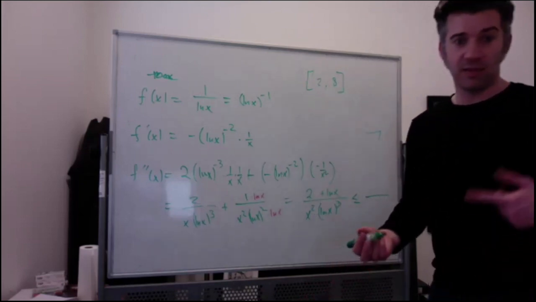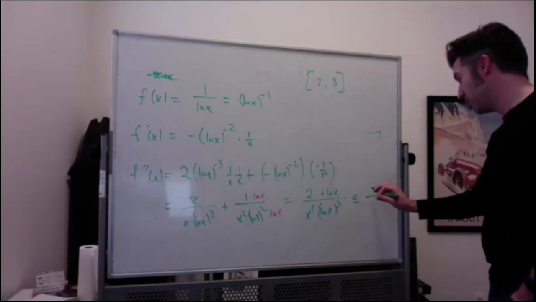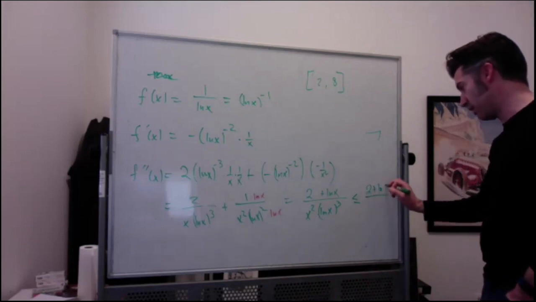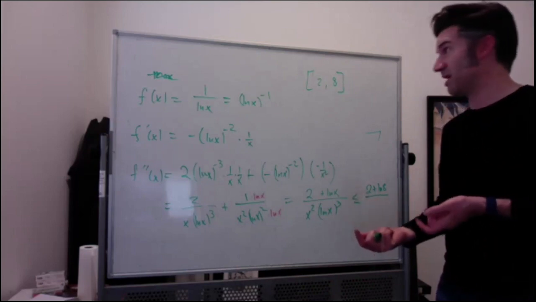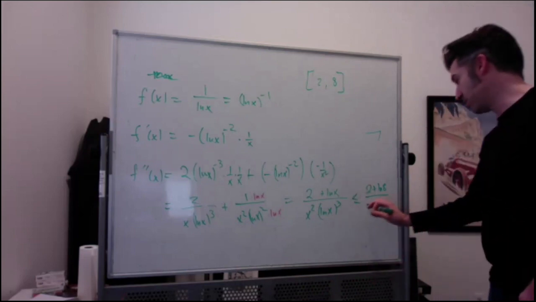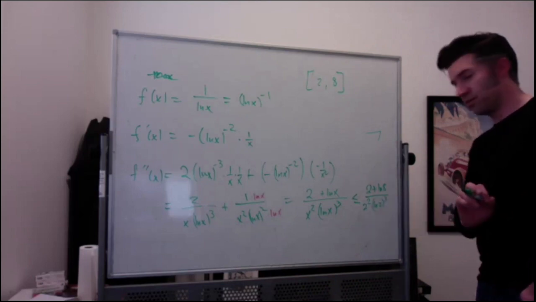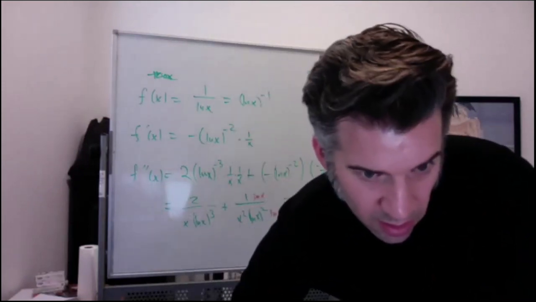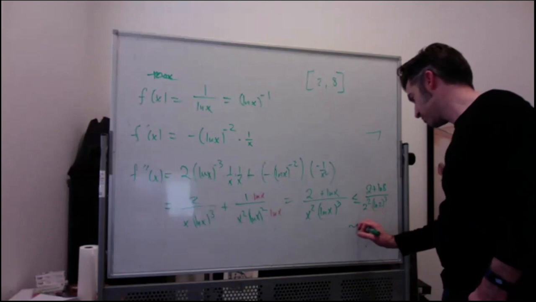So I'm going to let the top have an x value of 8 to make it as big as possible. So I get 2 plus natural log of 8. And at the bottom, an x value of 2 to make it as small as possible. So I have 2 squared times natural log of 2 cubed. And that, if you use a calculator, is approximately 3.06.